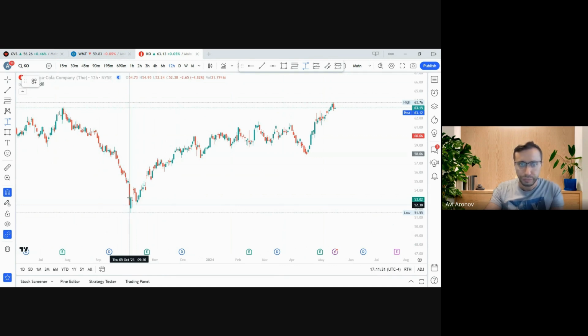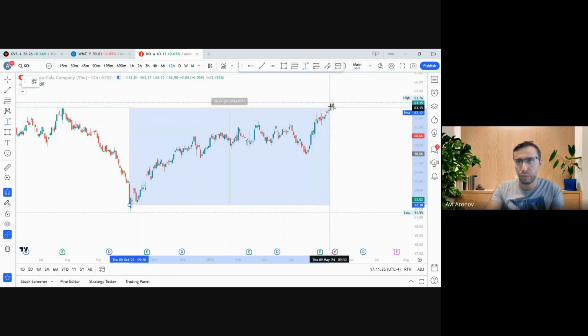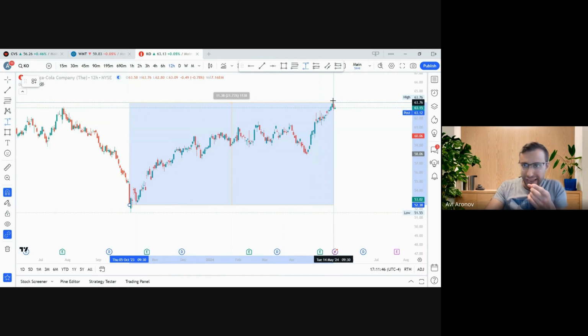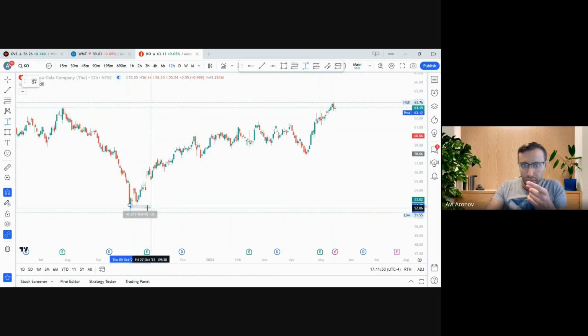Instead it just moves up and up, and you are already at a loss. If you bought 100 shares, you're basically losing over $1,000 already, and it never came back down to where you wanted. So here you're already at a loss of like $100, $200.